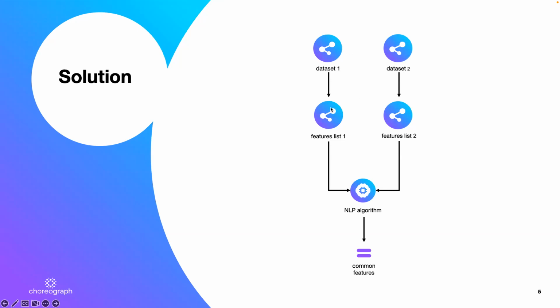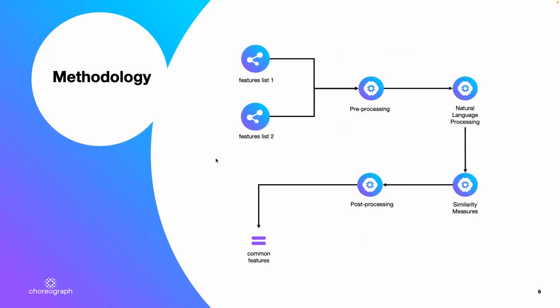As you can see over here, we take the two data sets that we need to combine or use together in any way, and then we take the list of features, or list of column names, from both of these datasets, and send both of these lists to an algorithm. That algorithm will then give us a list of common feature matches as a result. This is the current methodology that we have.